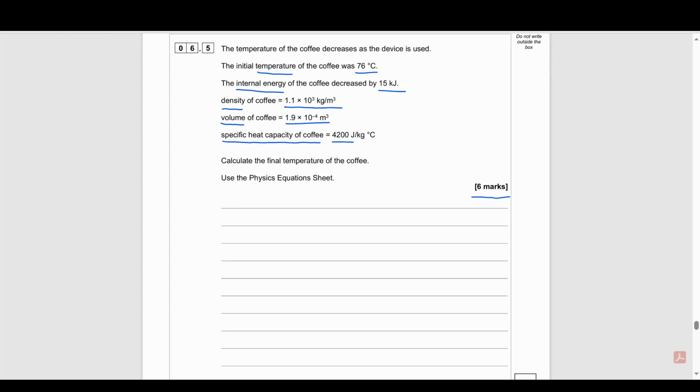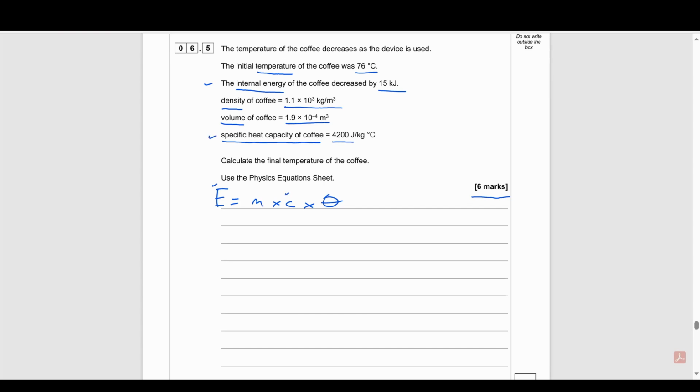So one equation that we probably will need to use will be that equation that we just recalled earlier. Energy equals mass times specific heat capacity multiplied by temperature change. Let's just check to see what we have from this equation first. We have some energy. We don't have a mass. We have specific heat capacity.